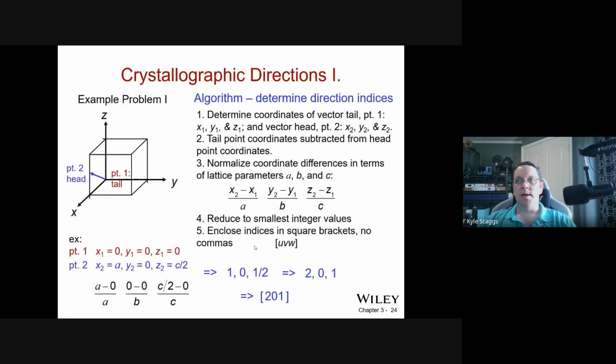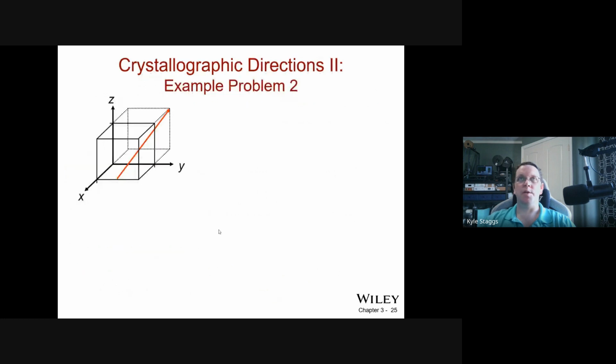And those indices, 2, 0, 1, are a result of taking this 1, 0, half, and multiplying everything by 2, right? So the indices for this one are pretty straightforward.